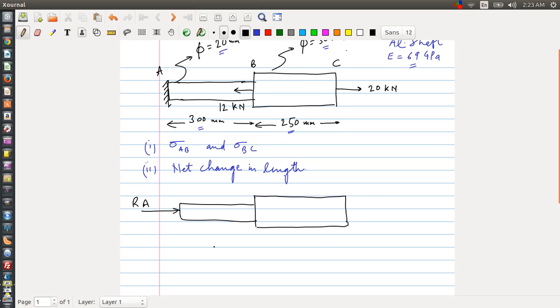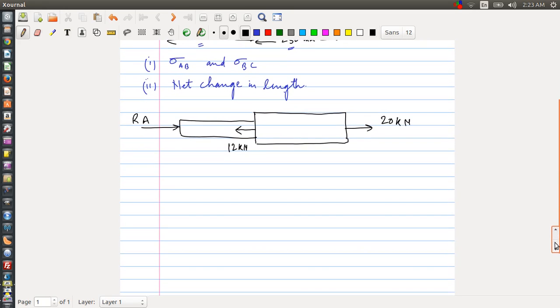So the only reaction that we'll be getting is a horizontal reaction at A, and we assume the direction is positive x direction. Now there is RA at A, a 12 kilonewton force at section B, and at section C there is a 20 kilonewton force in the positive x direction.